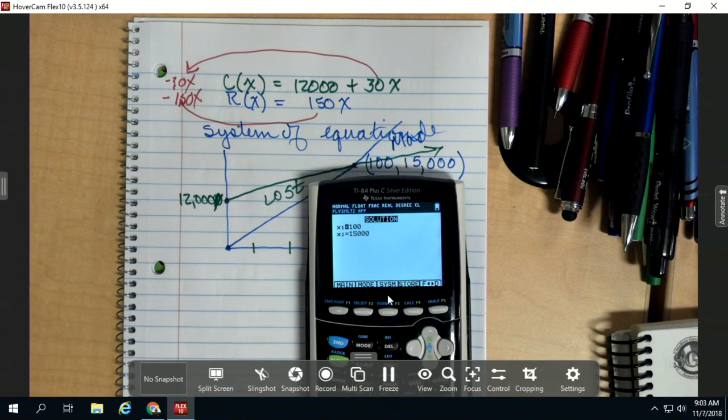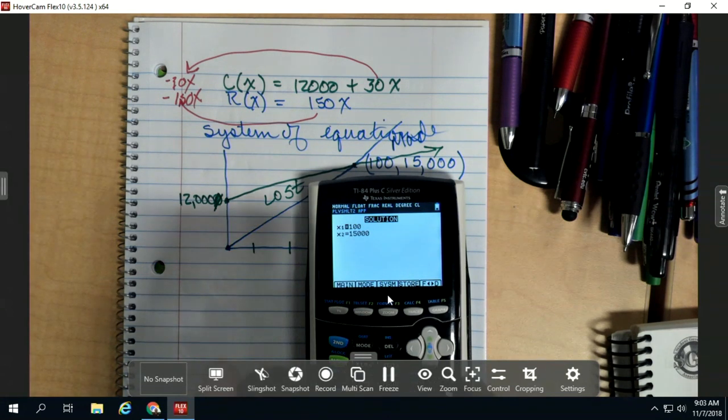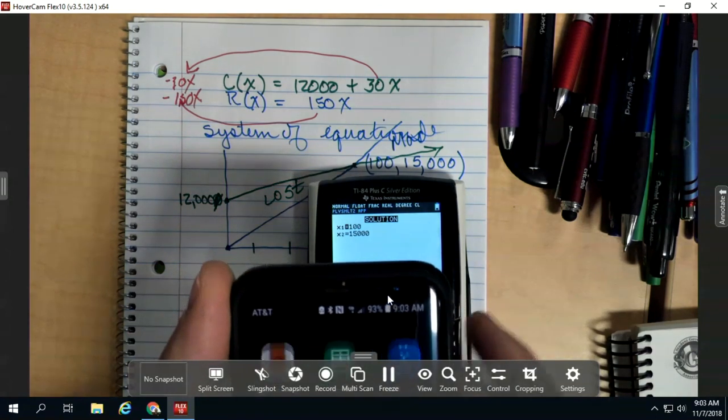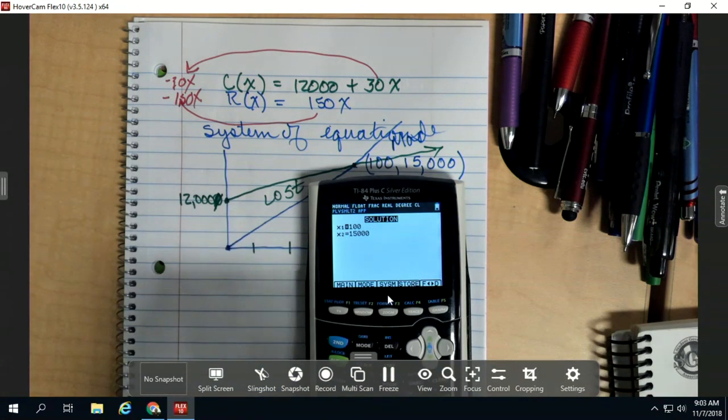If you're using your phone app, you've got to use a different process.